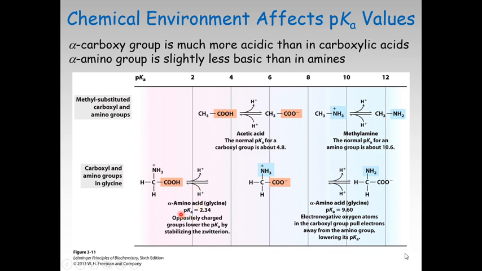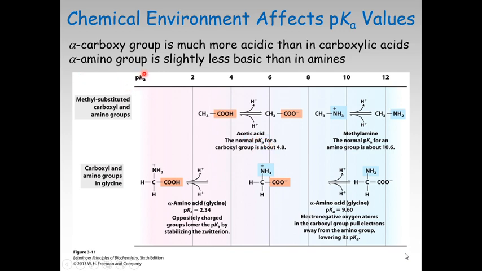Because the pKa of this carboxylate is 2.34, whereas the pKa of the carboxylate from acetic acid is 4.76, or 4.8. Remember, pKa is a log value. So 1 unit means 10 times, 2 units means 100 times. And hence, glycine is 100 times more acidic than acetic acid.